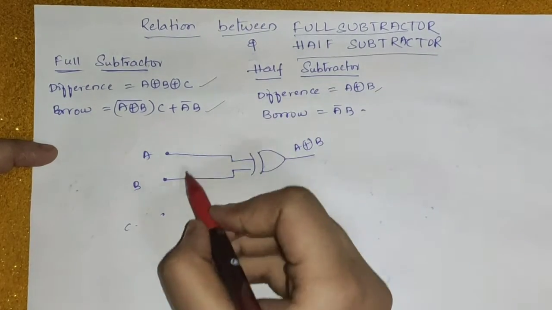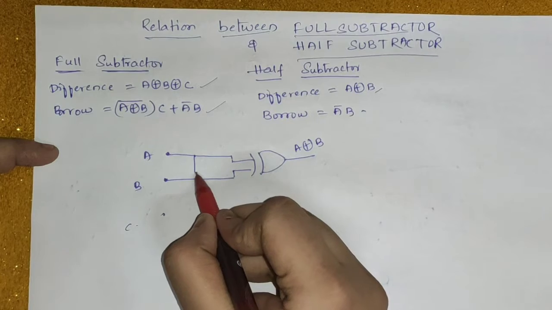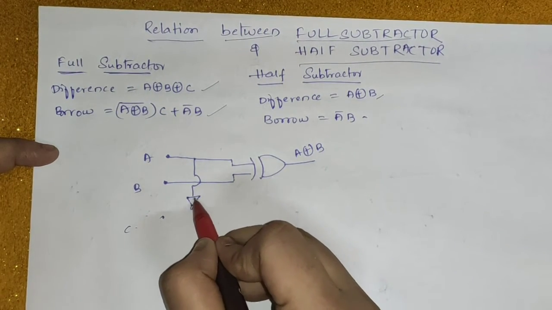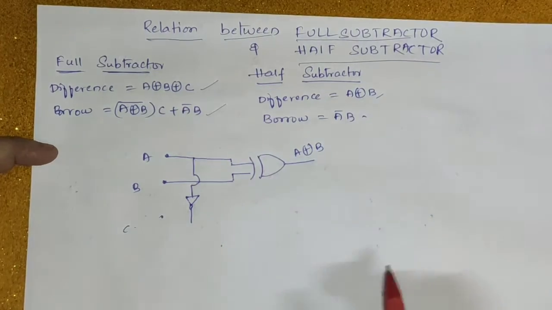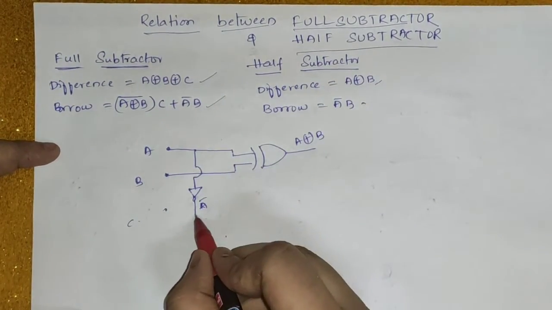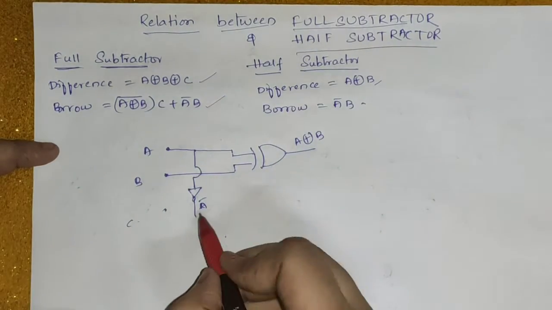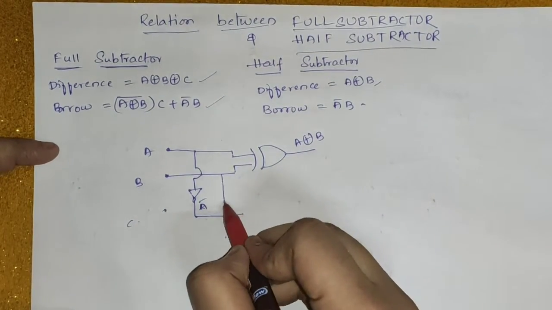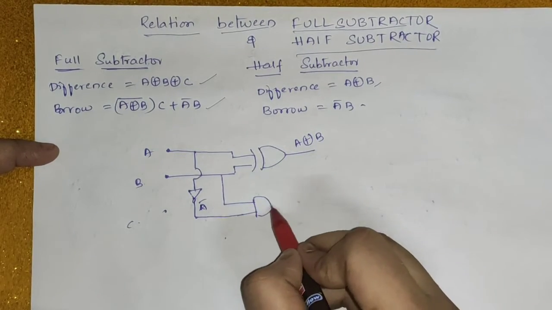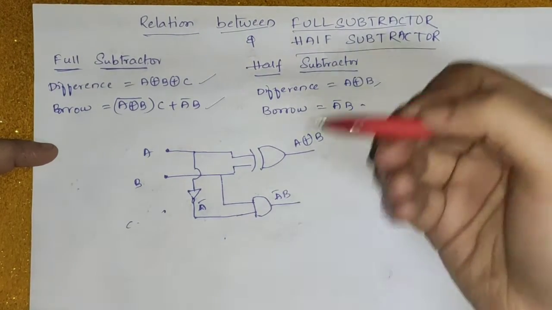To obtain the borrow, let us take a and construct a NOT logic, which is an inverter. It inverts the a input into a bar. So if we construct the AND gate between a bar and b, we get a bar b, which is nothing but the borrow in half subtractor.